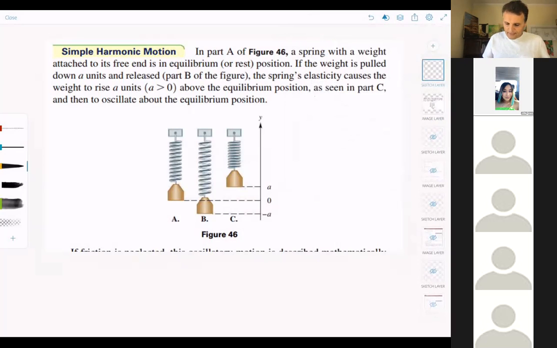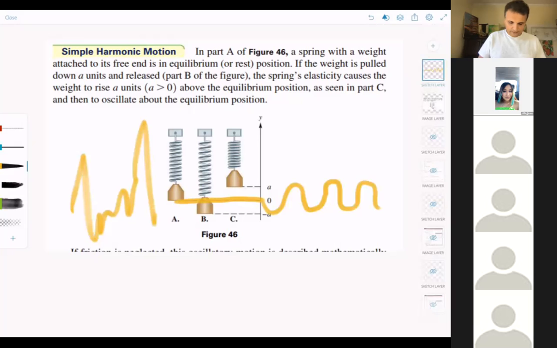So what's happening? This is the rest position, correct? I pull it down and let it go, so it will go something like this. They call this simple harmonic. Why do they call it simple? It doesn't go crazy so that you cannot graph it.